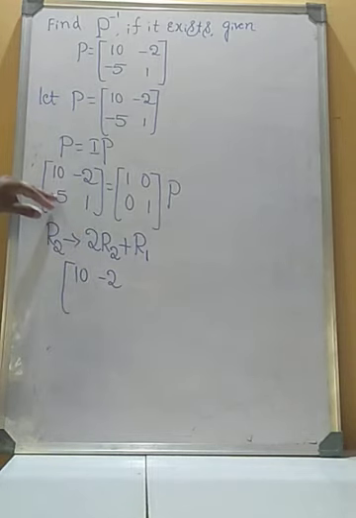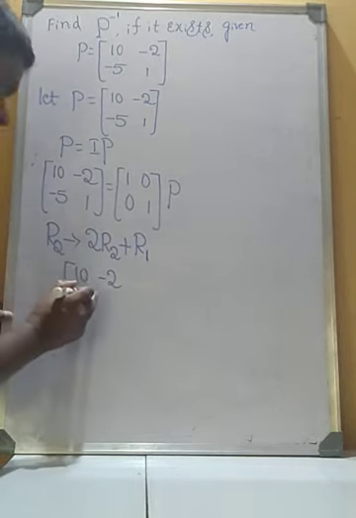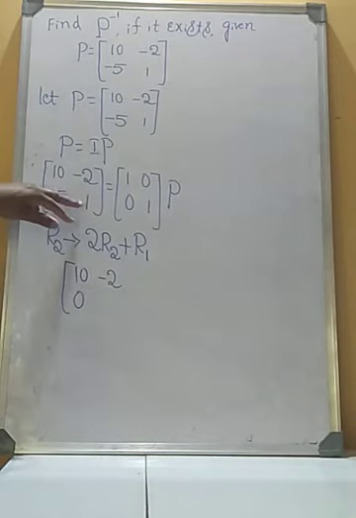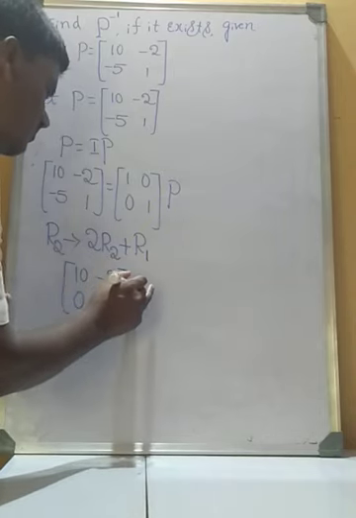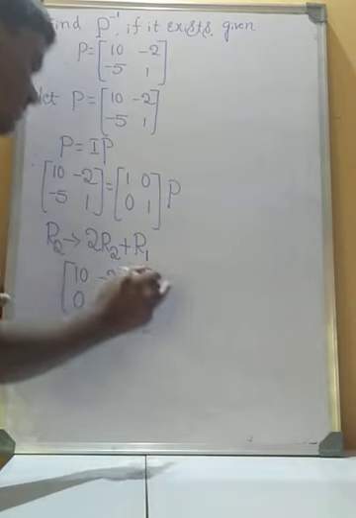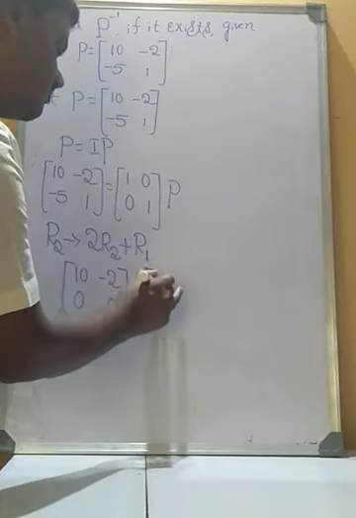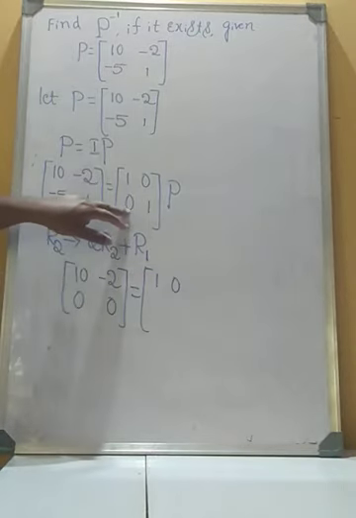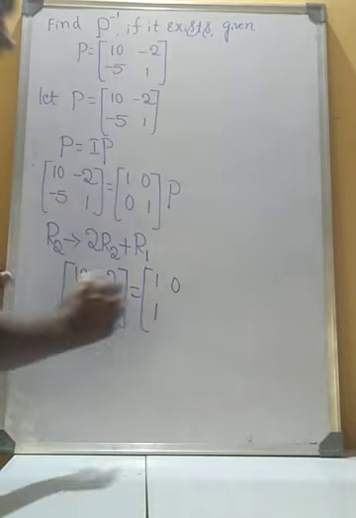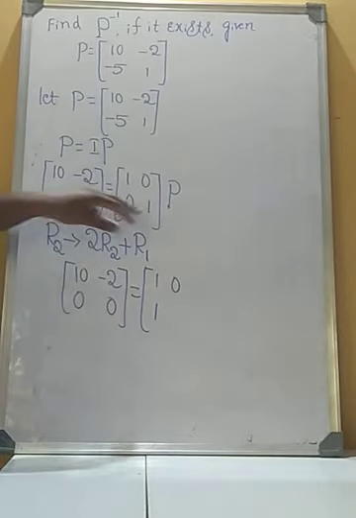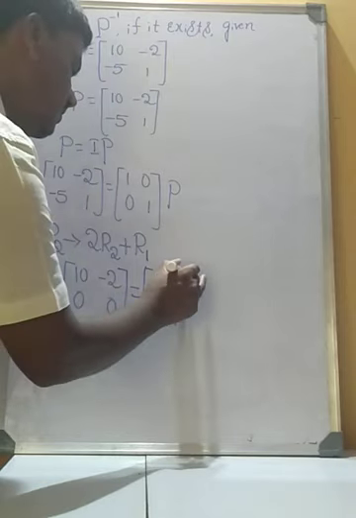Minus 10 plus 10 gets cancelled, 0. The next, 2 into R2 is 1, 2; 2 minus 2 also cancels, 0. On the right hand side, 1 0; 0, 2 into 0 is 0 plus 1, that is 1. The next, 2 into R2, 1 plus 0, that is 1.